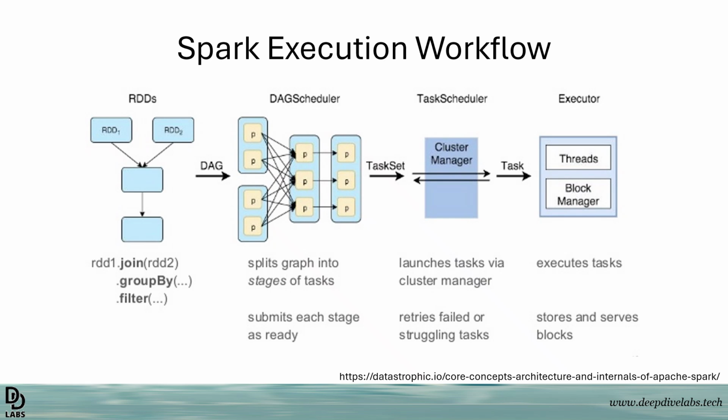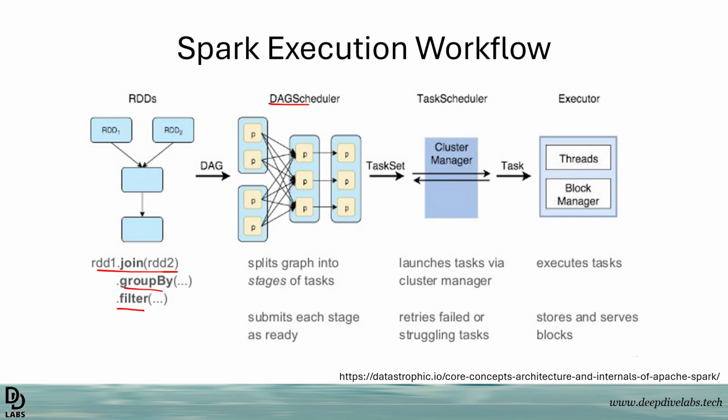So this slide gives you the execution workflow of Spark. All of your data is in RDDs, your resilient distributed data sets. Then you are doing some joining of two RDDs, group by, filter, right? Each of these is a transformation. When the job enters the driver, the driver converts the code into a logical directed acyclic graph. So this is your DAG. Any transformation that you do, Spark internally converts into a DAG.